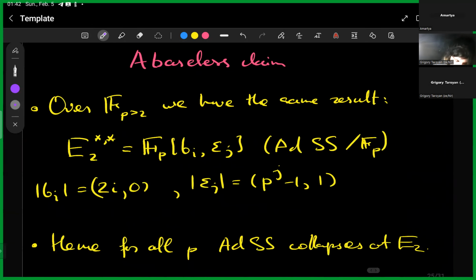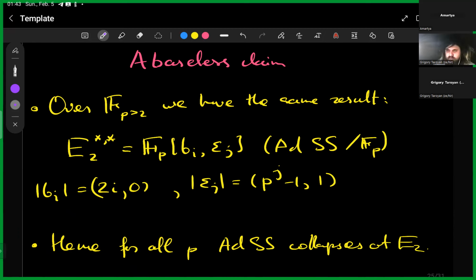So actually, this result can be obtained over any prime. However, some care should be taken to avoid issues with non-commutative rings, but it's not really hard because you have this very mild case of non-commutativity.